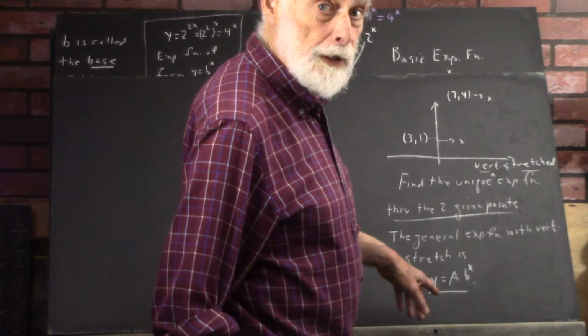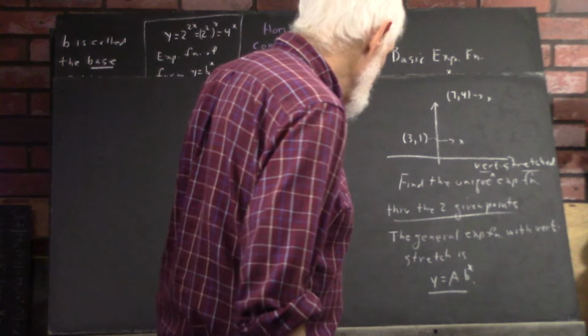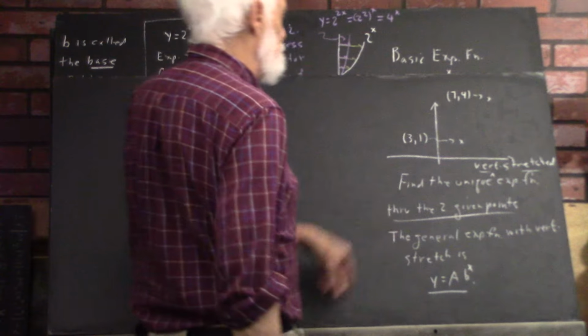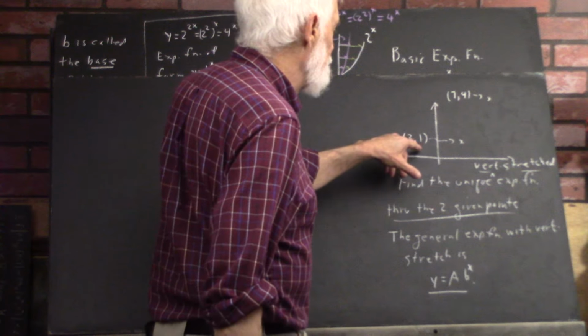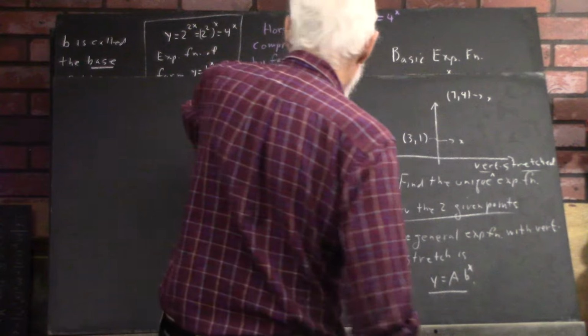So what we want to find is the function y equals a b to the x that has value 1 when x equals 3 and value 4 when x equals 7.